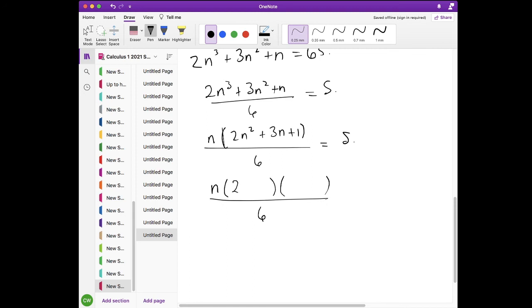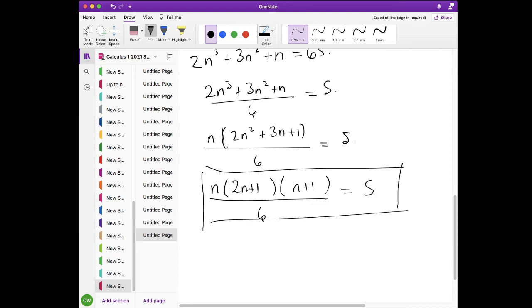Yes, n times 2n plus 1 times n plus 1, over 6. That's equal to s. So that is the formula for the sum of integers squared. All right, so we're pretty much out of time, but you could probably do it in 2 lines right now.